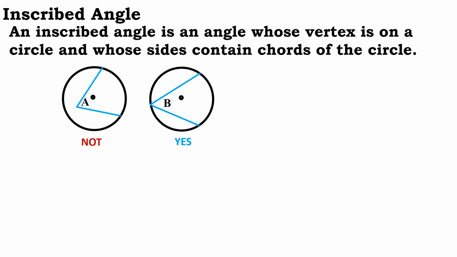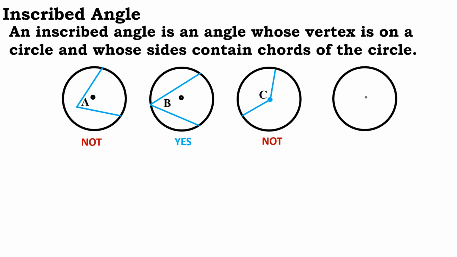This is an inscribed angle because its sides contain chords of the circle and the vertex is on the side of the circle. Then another circle, we have here angle C inside the circle. This is not an inscribed angle. This is a central angle because the vertex is on the center of the circle.